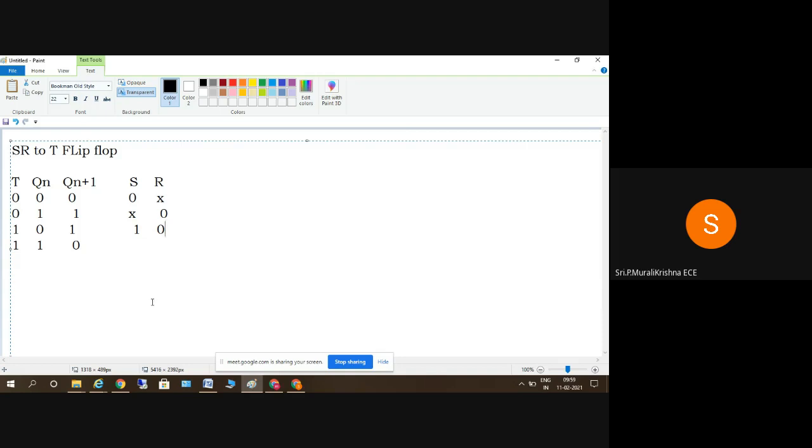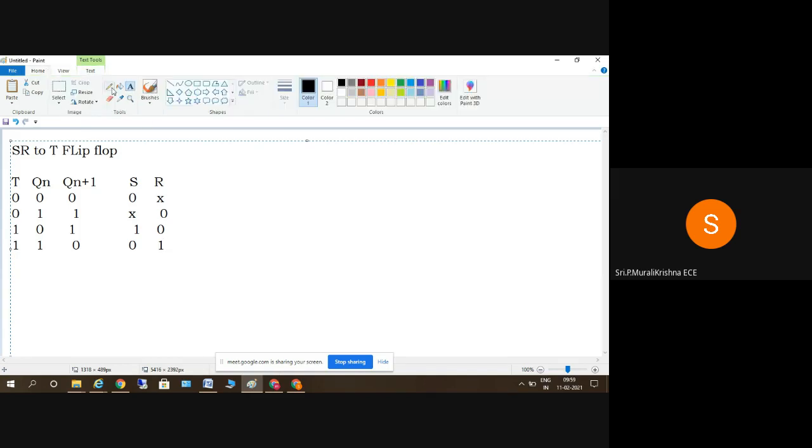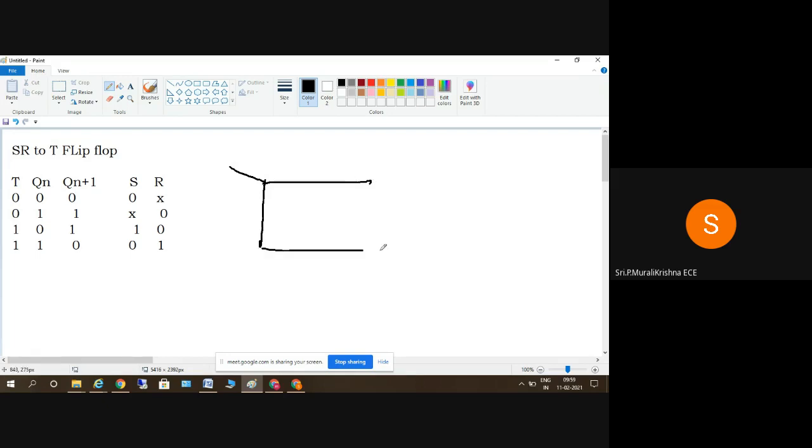Okay. And 1, 0, 0, 1, 0, 1. So we need a K-map for S and R. So the S value, for T and Q of n, is 0, 1, 0, 1 here.